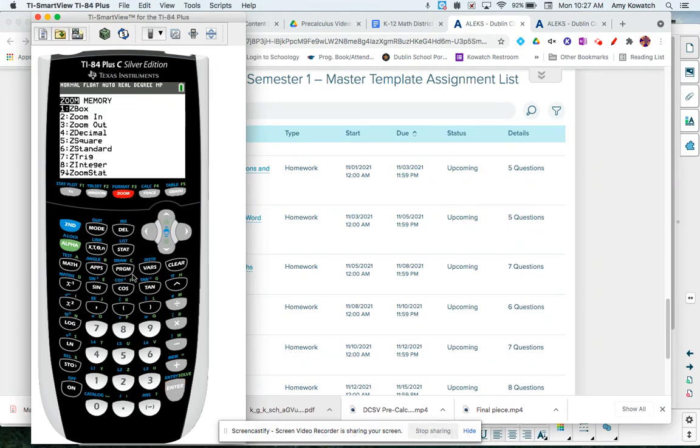Zoom standard. And it doesn't look like they're inverses because I don't have a square window. I don't really have a 1-to-1 aspect ratio. If you want to do that, it's just a feature under zoom as well. So I can do a zoom square, which is number 5. And that gives you more of a 45-degree angle for the y equals x line. And they look more like inverses now.